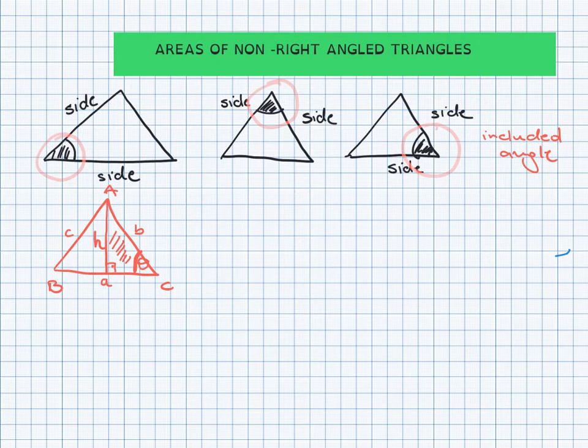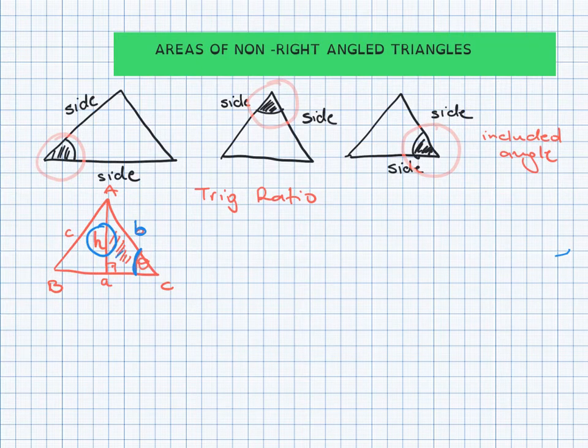Using trigonometry, or trig ratios, and I may actually record a video on trigonometric ratios, we're going to find the unknown side, and the unknown side in this case is the height. The opposite is the height, labeled h, and we have B, which is the hypotenuse in this case.